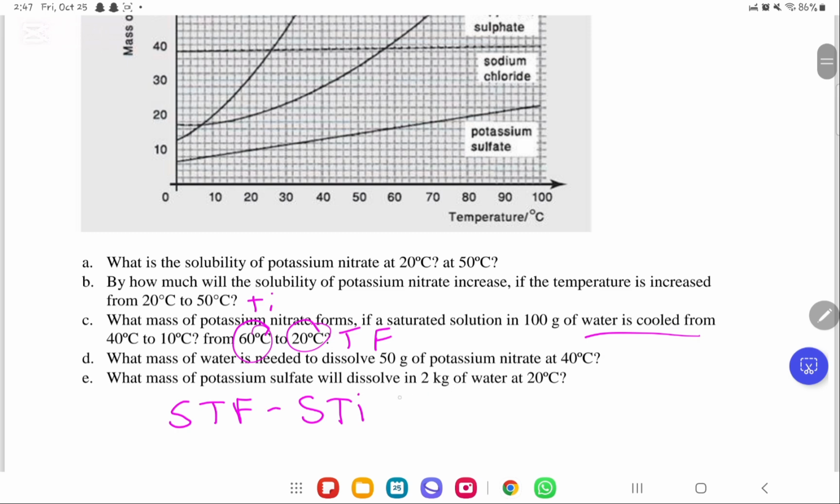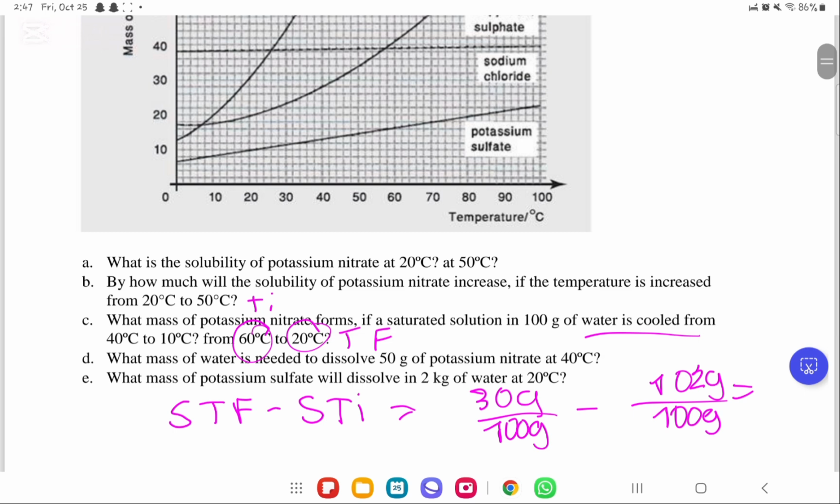Temperature final was 30 grams over 100 grams of water minus temperature initial, which was 102 grams over 100 grams of water. Now again, if you check the answers and I have a different answer, it's because of the estimation. I probably estimated differently than how the answer key estimated it, okay?